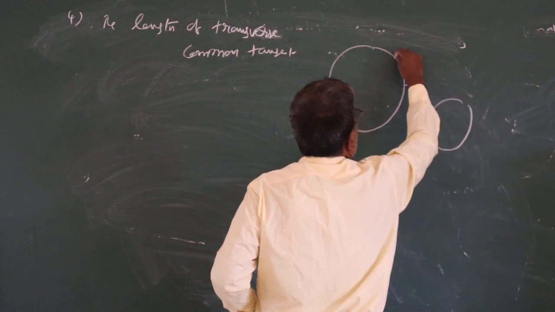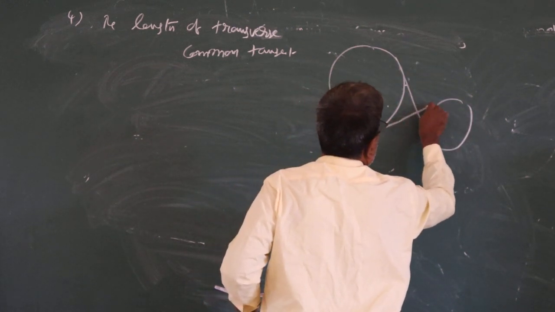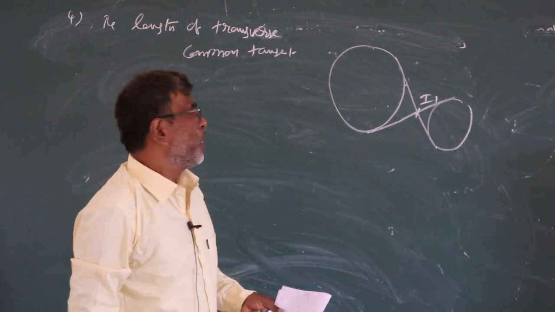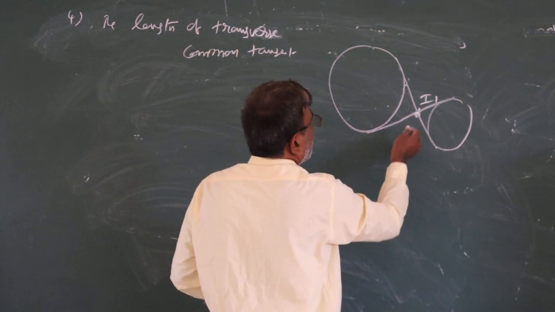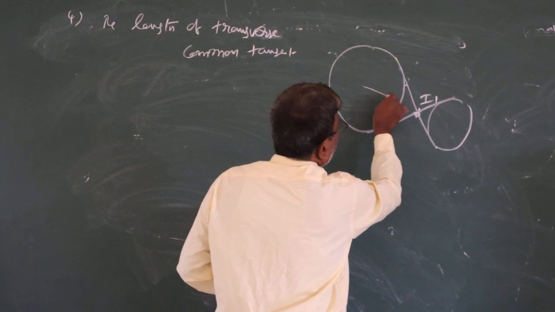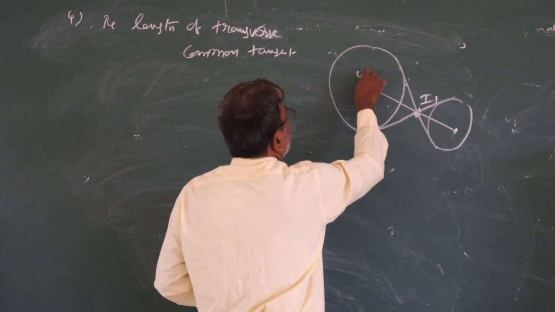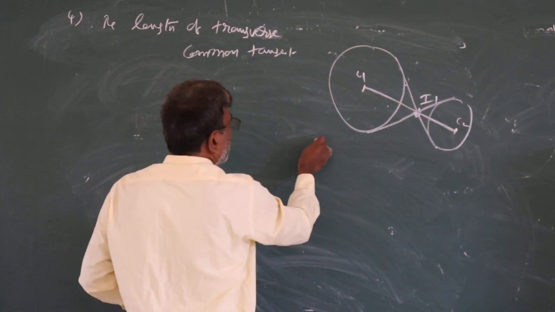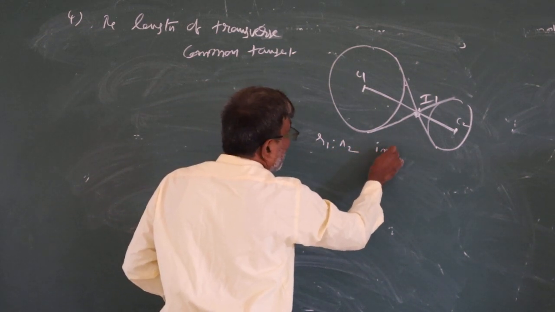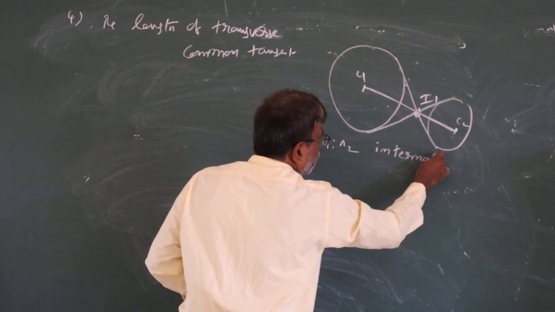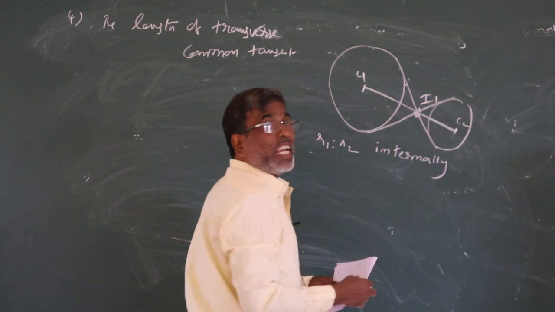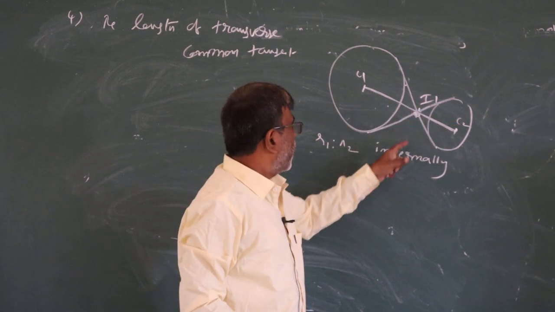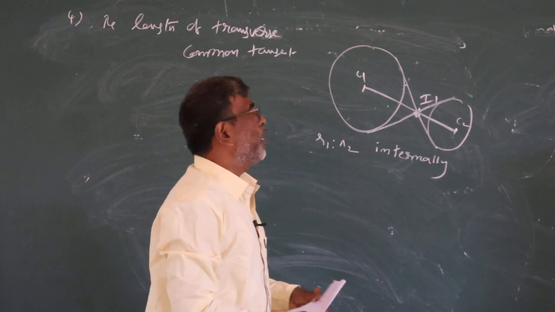This is called the transverse common tangent, and the point where the transverse common tangents intersect is called the internal center of similitude. This one is center C1, this is center C2. I1 divides C1 C2 in the ratio R1 is to R2 internally. That is very important. So I1 is called the internal center of similitude, which divides the line C1 C2 in the ratio R1 is to R2 internally.